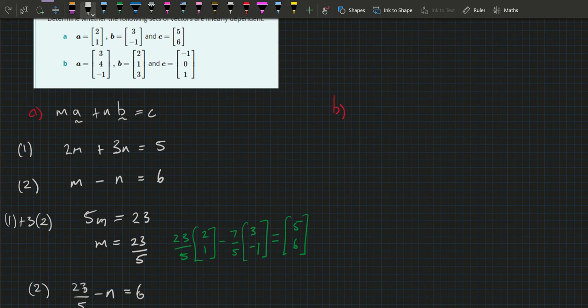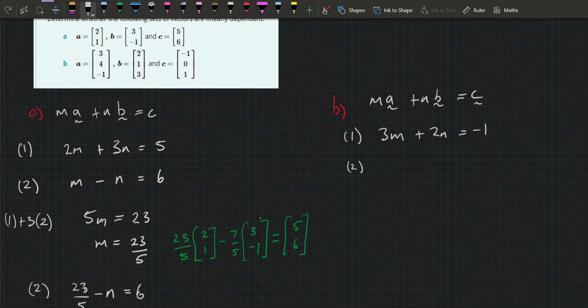Okay, let's have a look at B. So now we're going to have to look at 3 different values, okay? So we've got 3-dimensional vectors here. So if we're going to have m times A plus n times B is equal to C again, we'll need to do 3 equations. So 3m plus 2n is equal to minus 1.